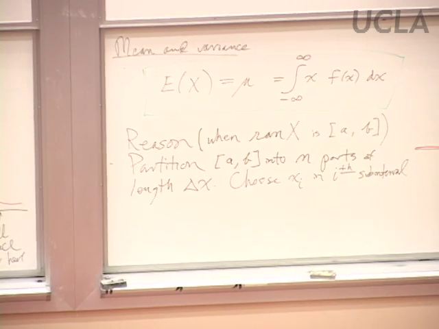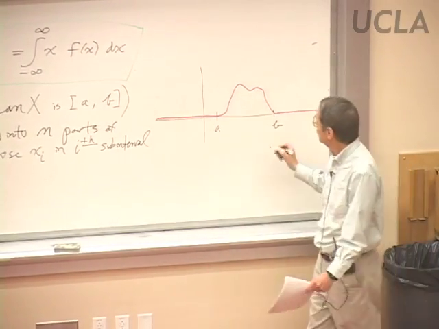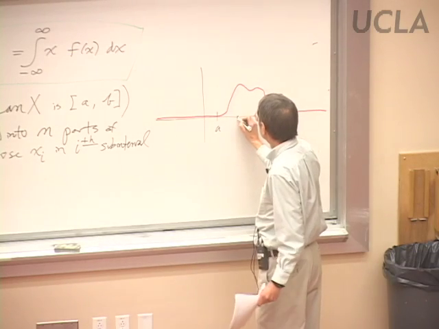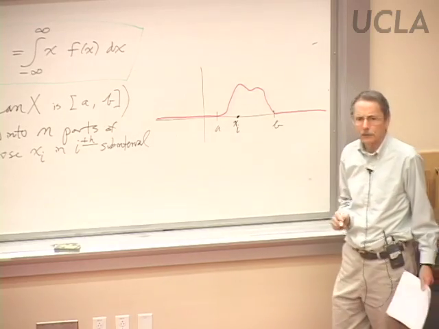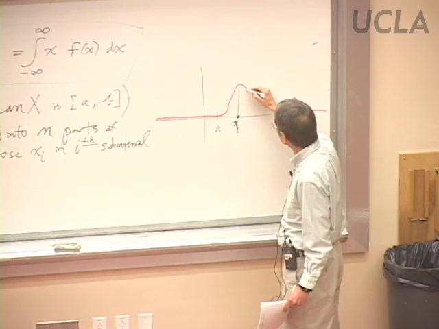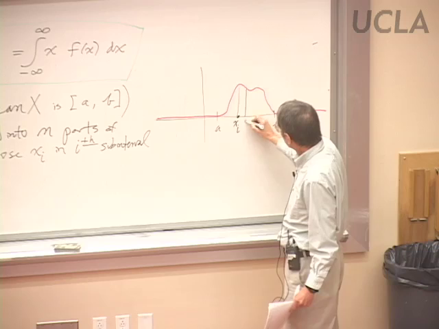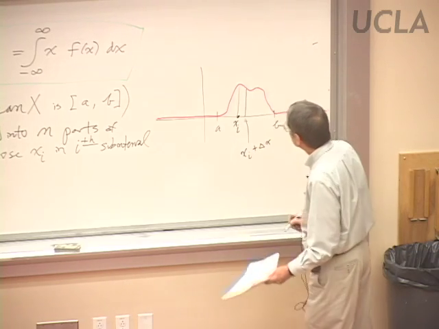So x1 is going to be near a, and x sub n is going to be near b. And x sub i is out here in the middle somewhere. And we're going to look at that ith piece of this partition. We have this subinterval here from x sub i to x sub i plus delta x.